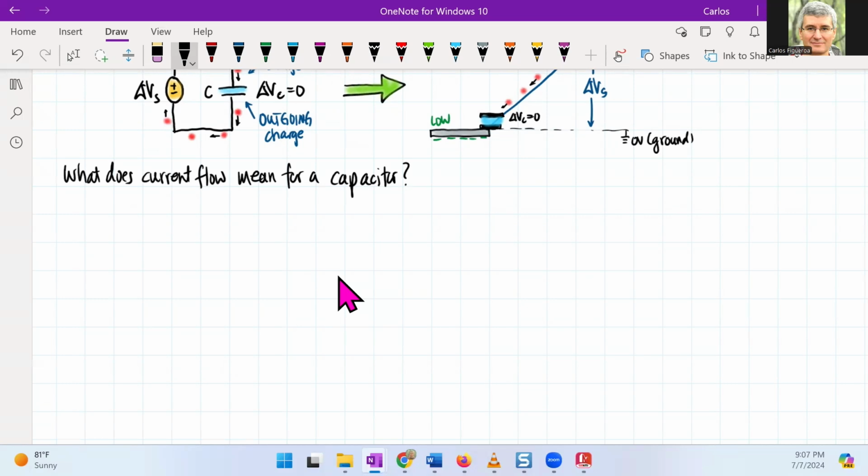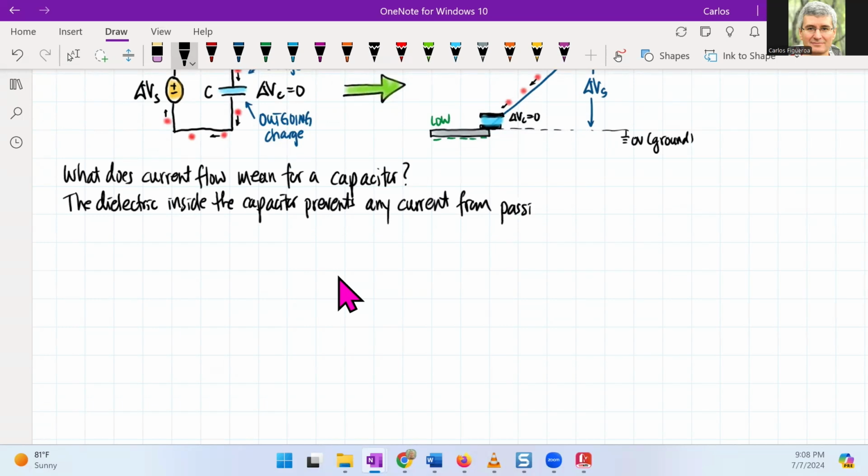The reason that's an important question is that the dielectric inside the capacitor prevents any current from passing through it.